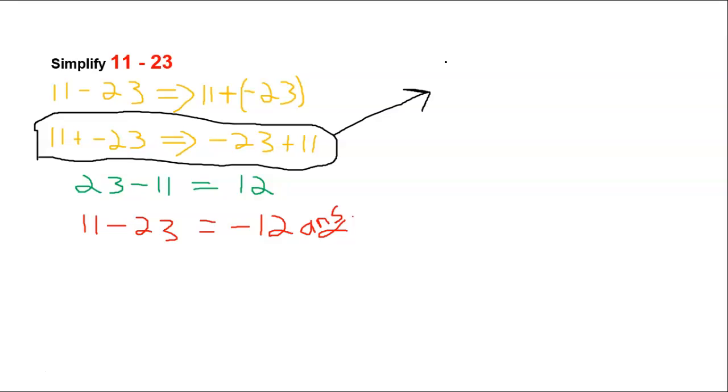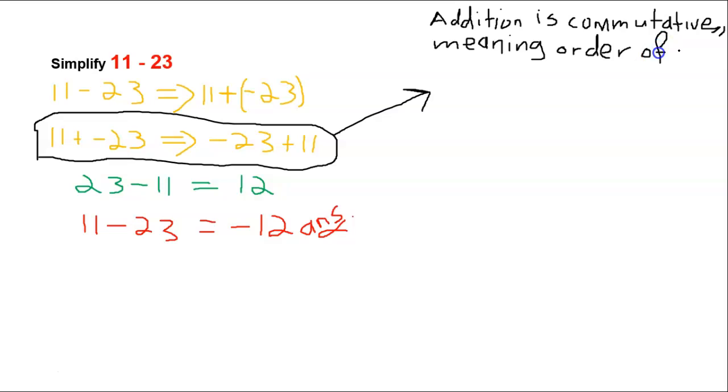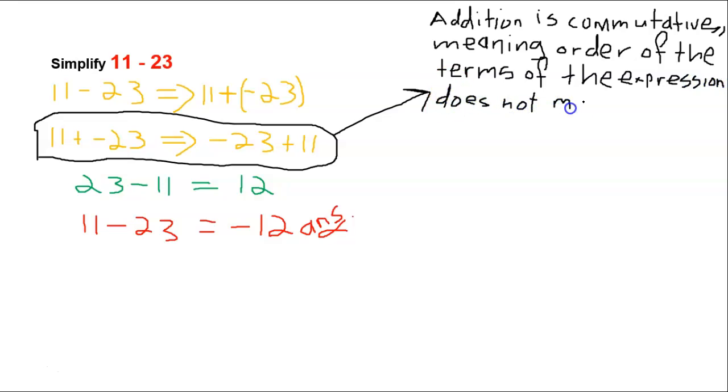And when something is commutative, we say that order does not matter. So let me go ahead and write that. Addition is commutative, meaning that order of the terms of the expression does not matter.